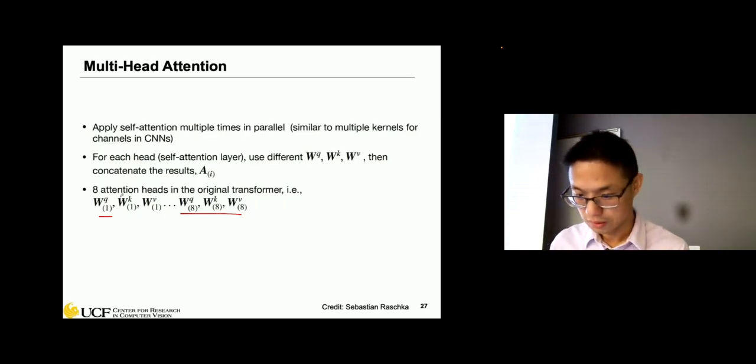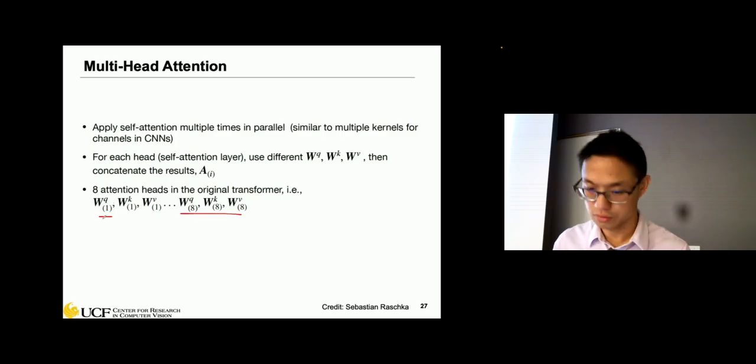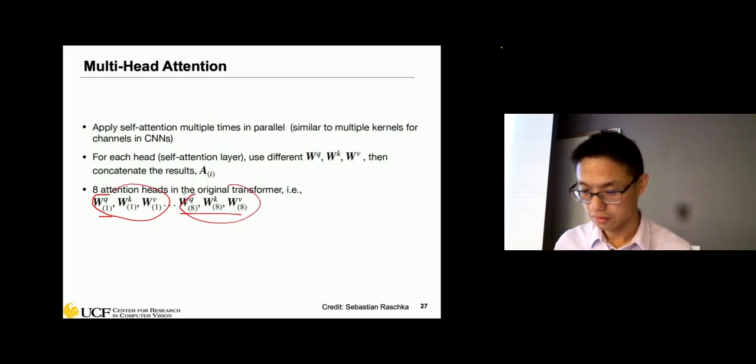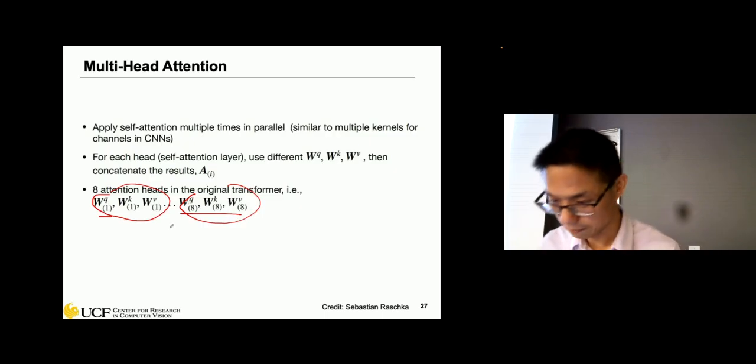They're using 8, so basically you have 8 sets of these 3 projection matrices: W1Q, W1K, W1V to W8Q, W8K, and W8V. These are separately learned. So this is one set, and this is another set. Their weights are totally different, okay?